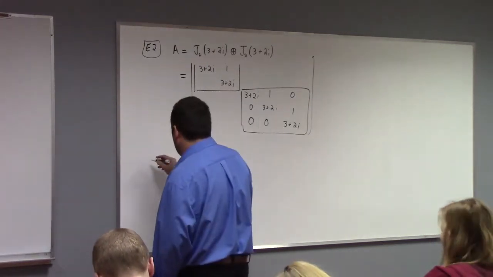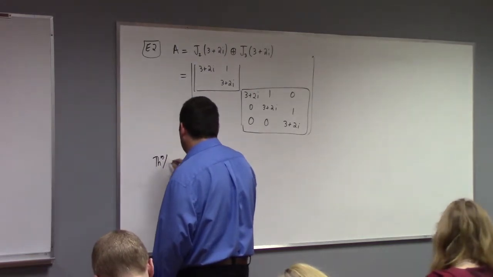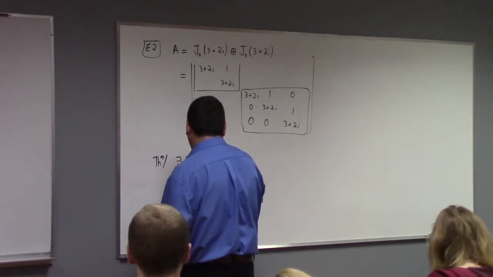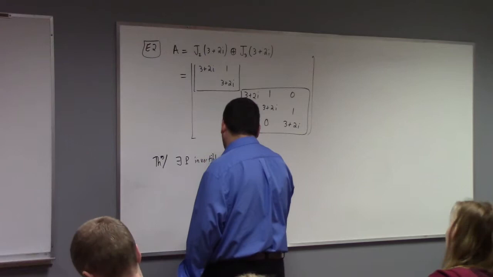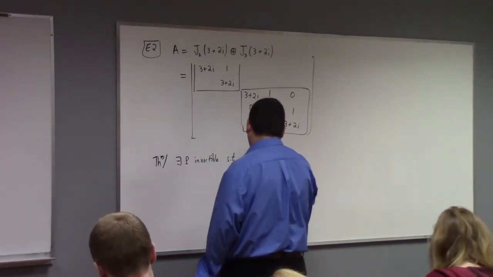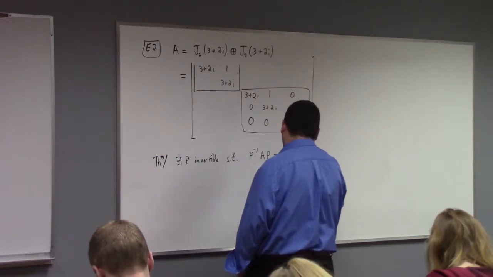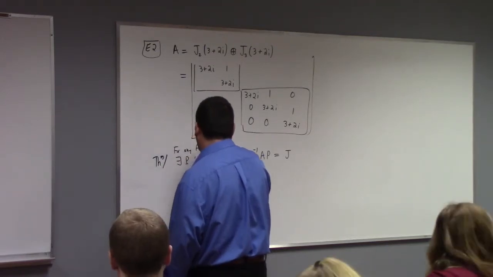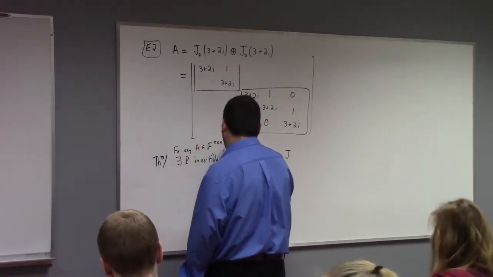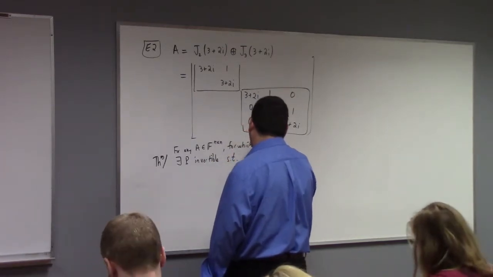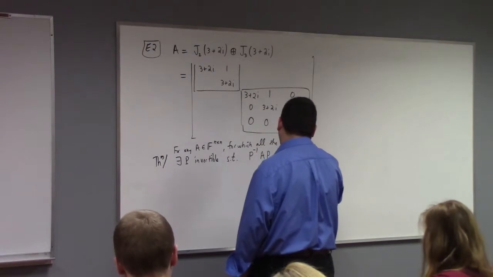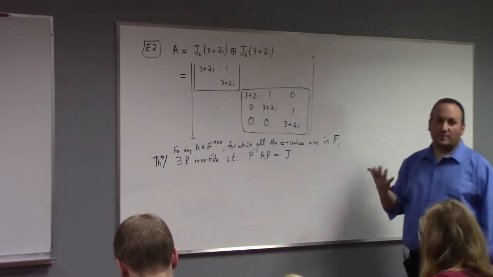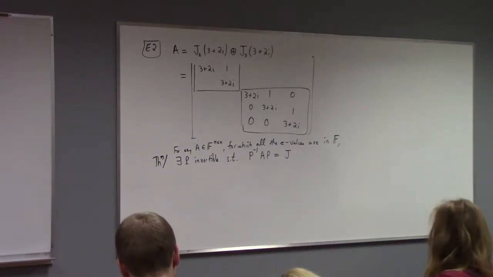So just to cut through the static here, this is the theorem that we ultimately find. There exists P invertible such that P inverse AP is equal to J, for any A in F^(n by n) for which all the eigenvalues are in F. In other words, assume that we're under the preconditions of this lecture that all of the eigenvalues are in the field.